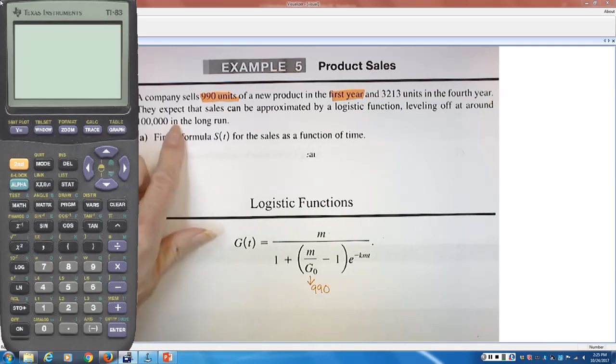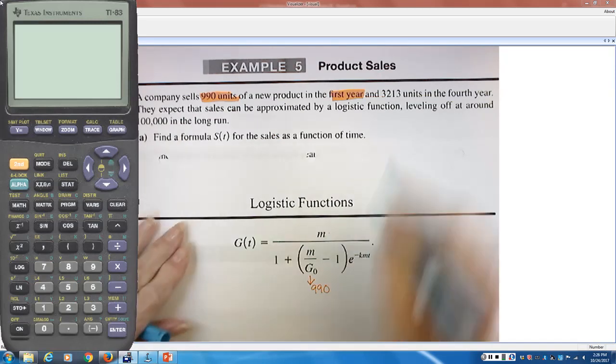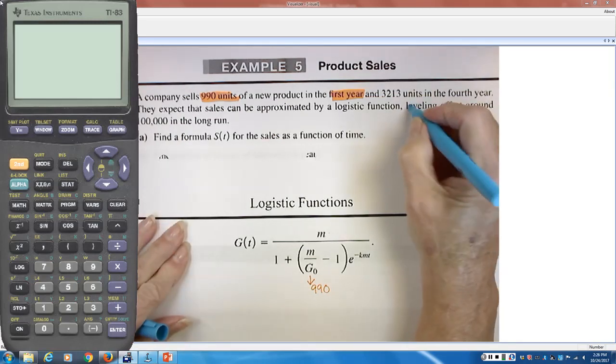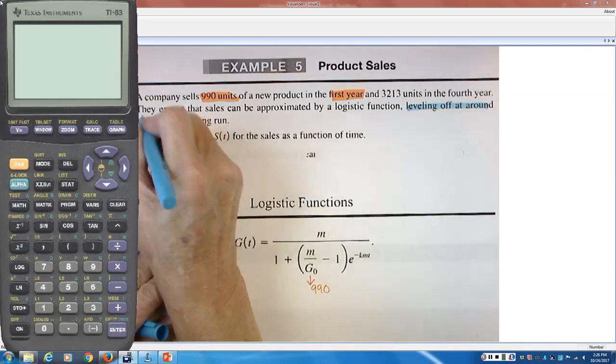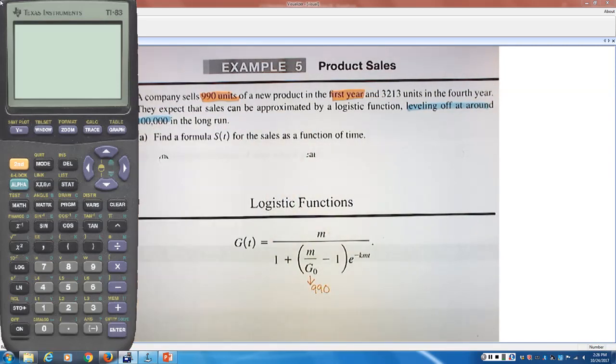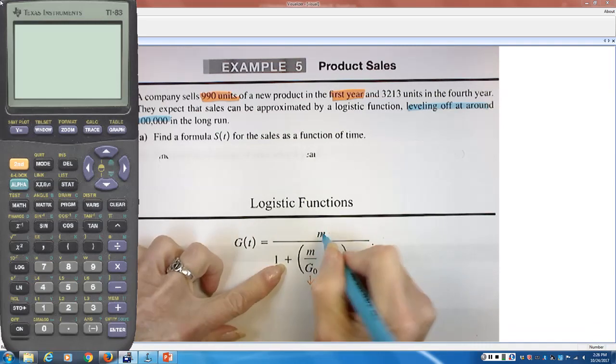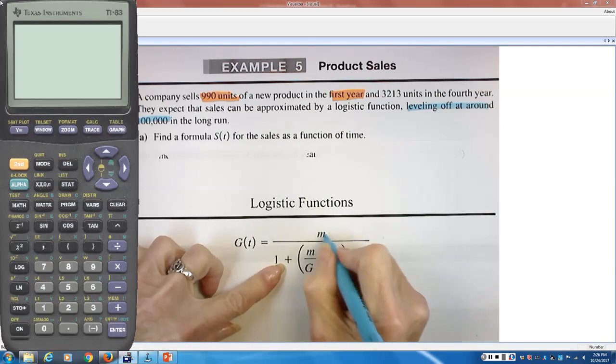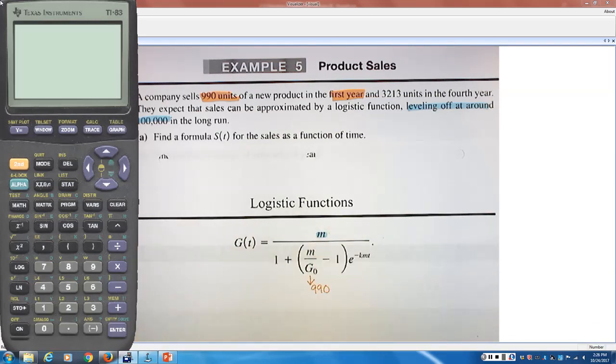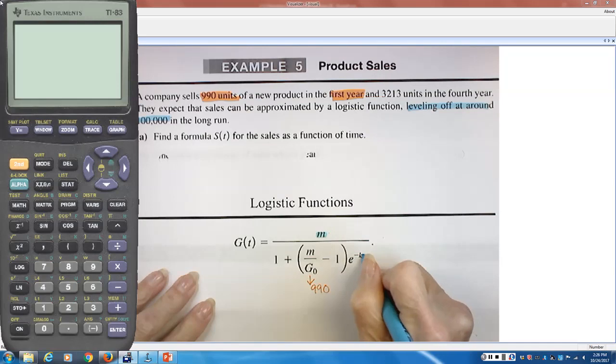We know that they expect it to level off at 100,000. Well, that leveling off is the value of m. And m, notice here, shows up in two different places.